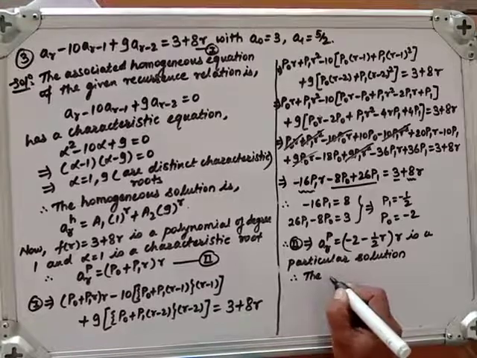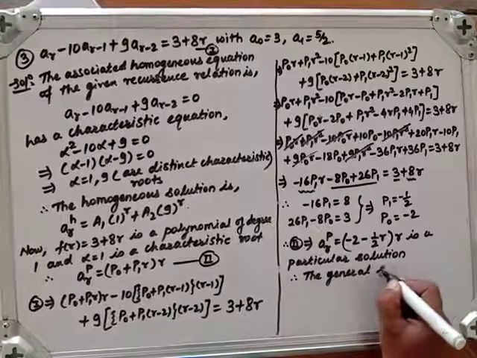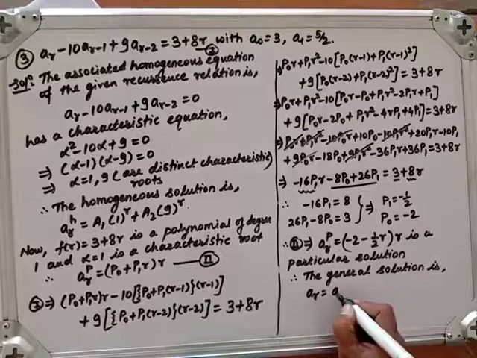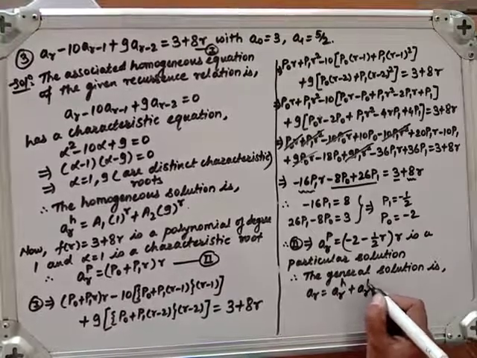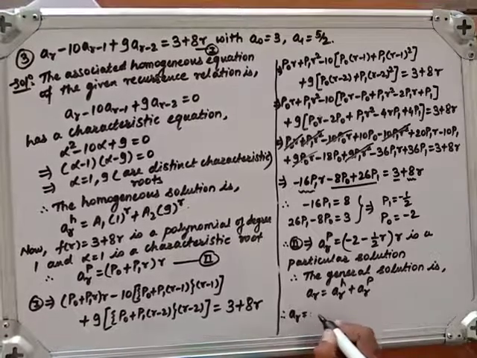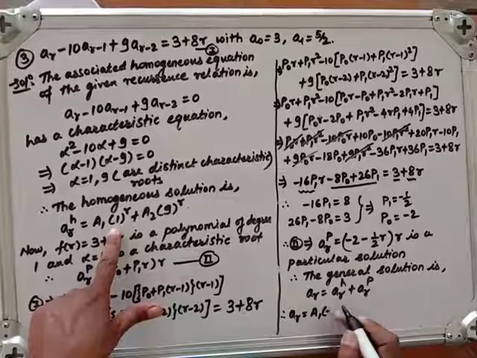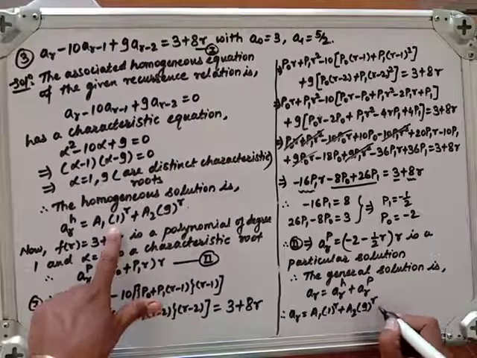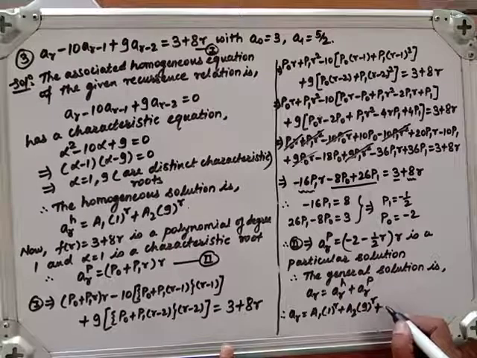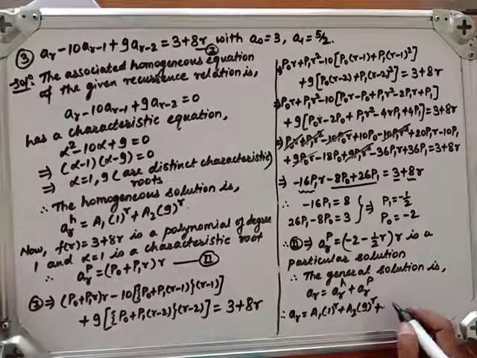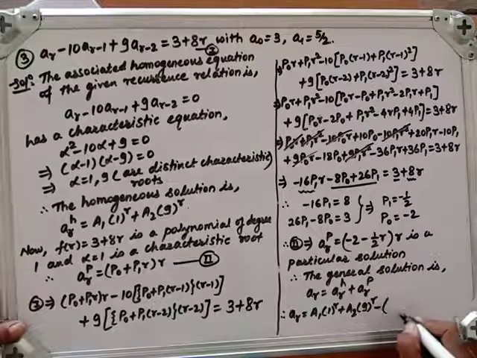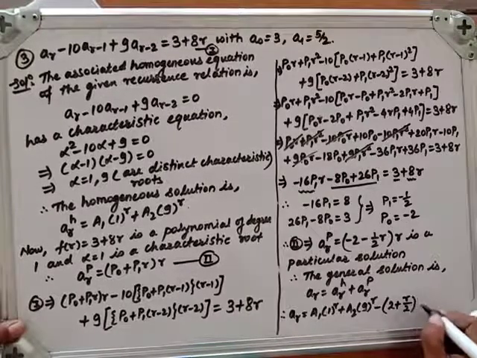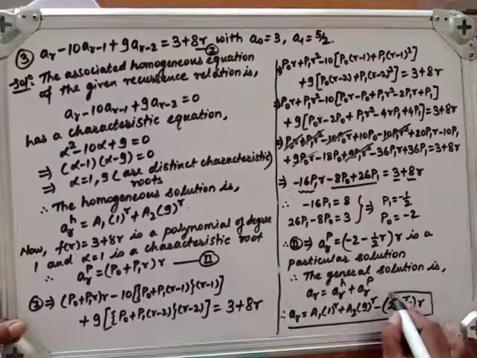Therefore the general solution is a_r equal to a_r homogeneous plus a_r particular. Therefore a_r is equal to A1 into 1 raised to r plus A2 into 9 raised to r plus this part, minus taken common, (2 plus r by 2) into r. This is a general solution here.